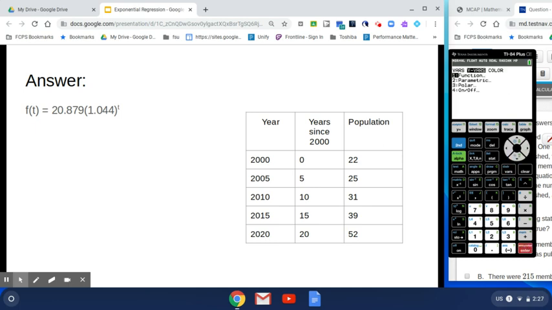I'm going to store my regression equation and calculate. Okay, and we get y equals 20.879 times 1.044 raised to the x, or for this example, we were asked to use f of t for y and t for the number of years.